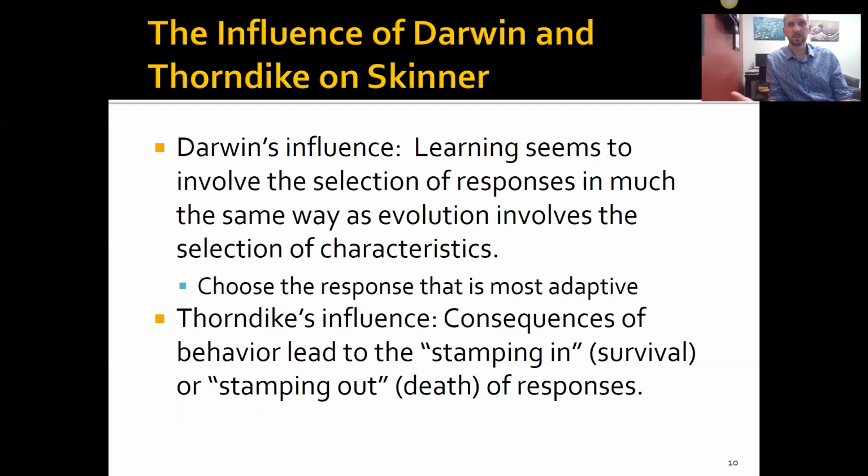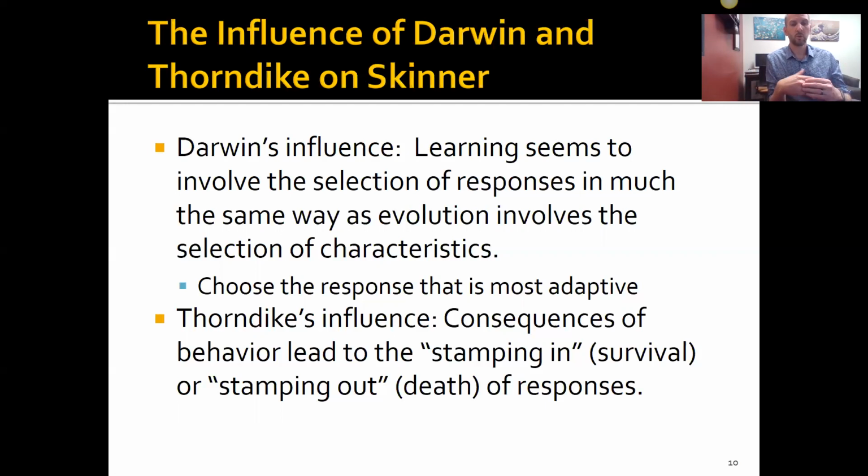And so in a way, Skinner is taking that idea and saying, okay, well, that's for a species. What about for an individual? Well, our behaviors are going to be passed on to ourselves. We're going to continue doing behaviors that lead to good consequences, that lead us to adjust better to our situations, and we're going to do less of the behaviors that lead to bad consequences.